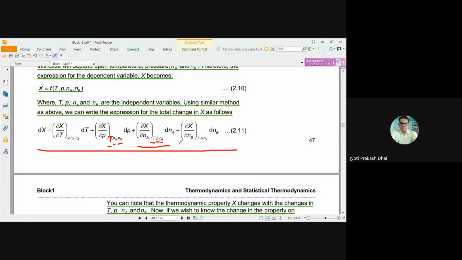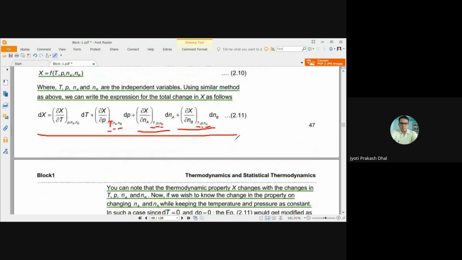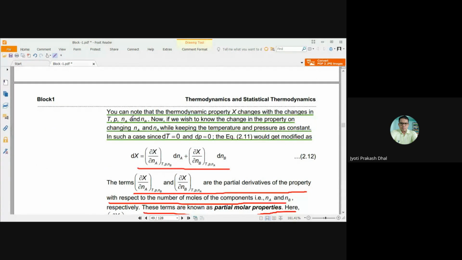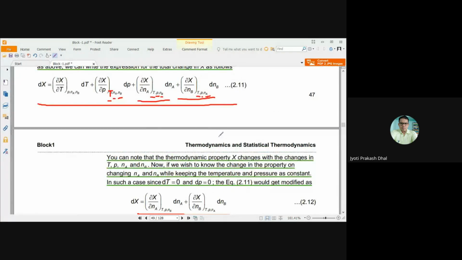And the fourth term represents the change in value of X with respect to change in number of moles of B, keeping temperature, pressure, and Na constant. So this is the differential form for a binary mixture, and you can note that the thermodynamic property X changes with change in temperature, pressure, Na and Nb.